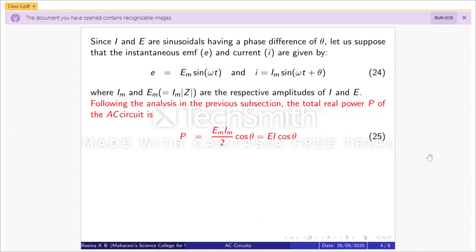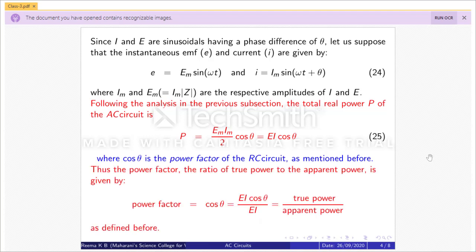Following the analysis in the previous subsection, the total real power P of the AC circuit is P is equal to Em into Im divided by 2 times cos theta, which can be written as P is equal to EI cos theta, where cos theta is called the power factor of the RC circuit as mentioned before.